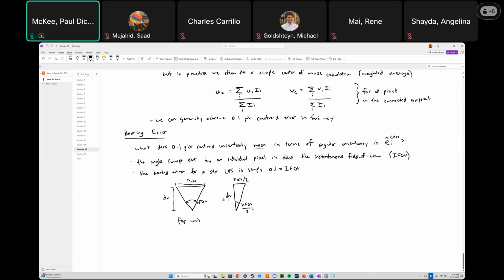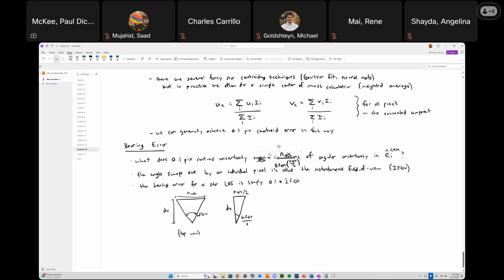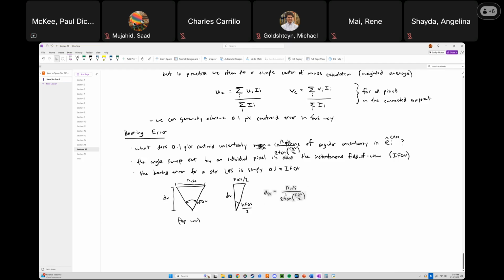Remember, we said here, number of columns, field of view, dx. You can say that dx is just the number of columns divided by 2 tangent of the horizontal field of view divided by 2.